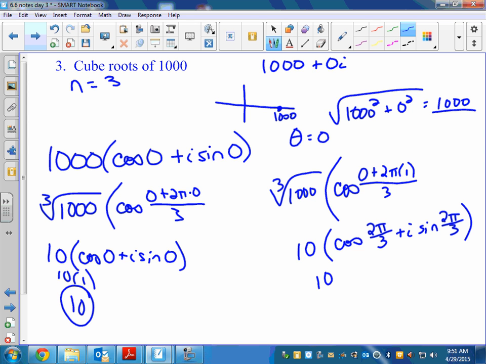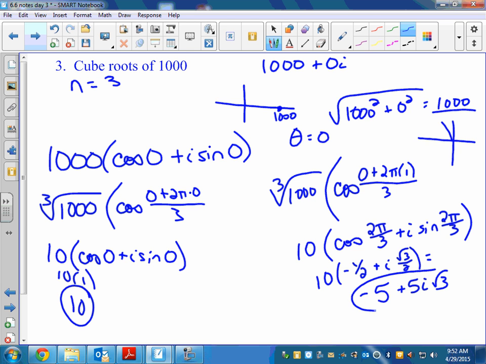The cosine of 2 pi thirds is negative 1/2, and the sine of 2 pi thirds is radical 3 over 2. So that would be negative 5 plus 5i radical 3. That's the solution.